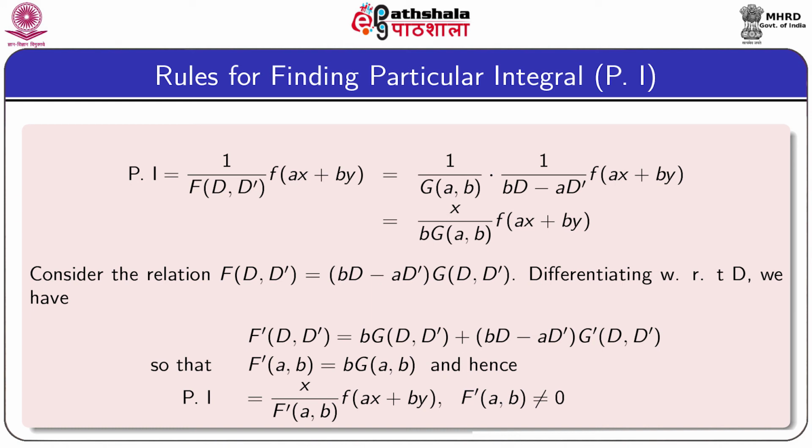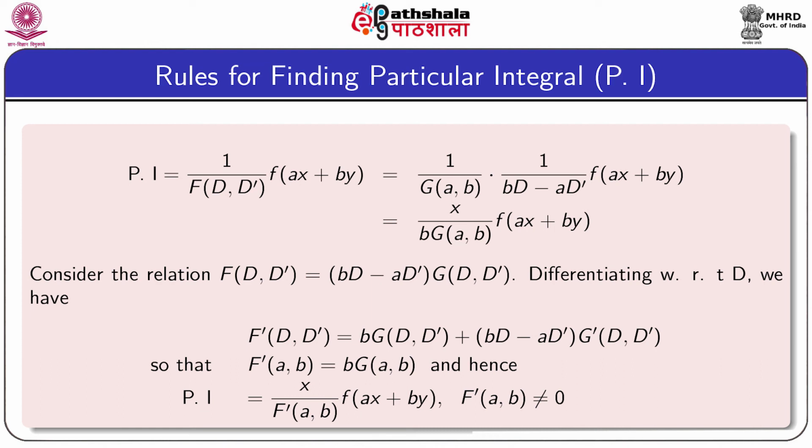Now, capital F can be written as (bd minus ad dash) into G(d, d dash). Since G(a, b) is not equal to 0, after operating 1 by G(d, d dash) on f(ax plus by), one can replace in the function G, d by a and d dash by b.